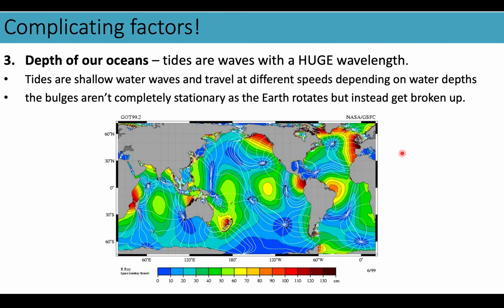As Earth rotates, they get almost broken up because of the difference in the depth in our ocean. When the ocean gets more shallow, it will add friction to that wave of our tides. So the depth of our ocean can have some big impacts on tidal effects, especially near coastlines.